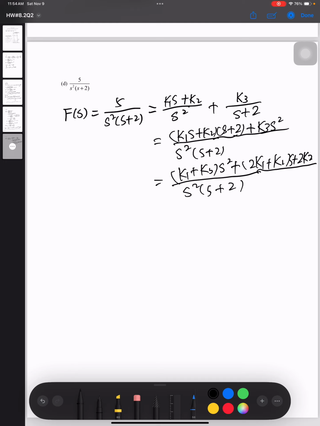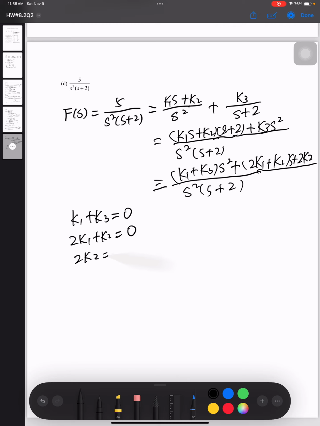To make the left-hand side always equal to the right-hand side, k1 plus k3 has to equal 0, 2k1 plus k2 needs to be 0 too, and then 2k2 equals 5.